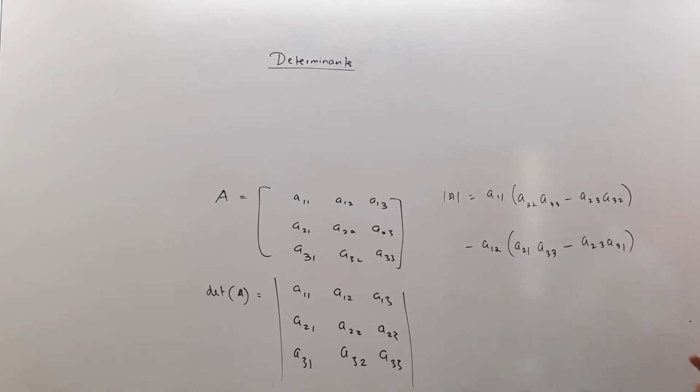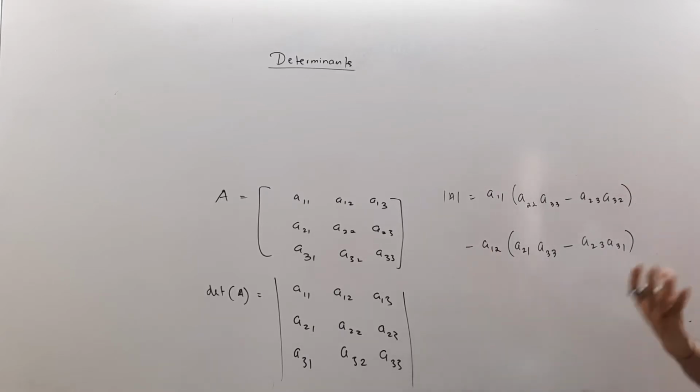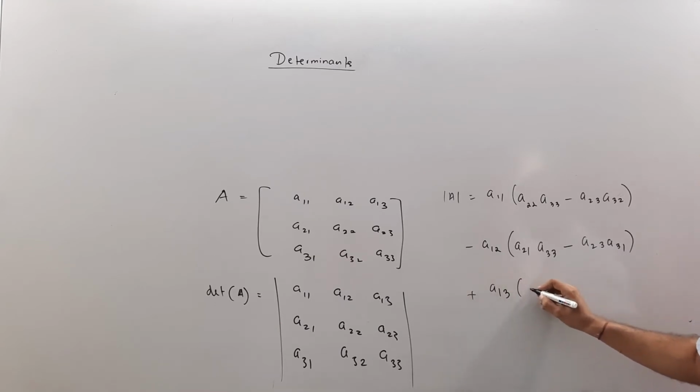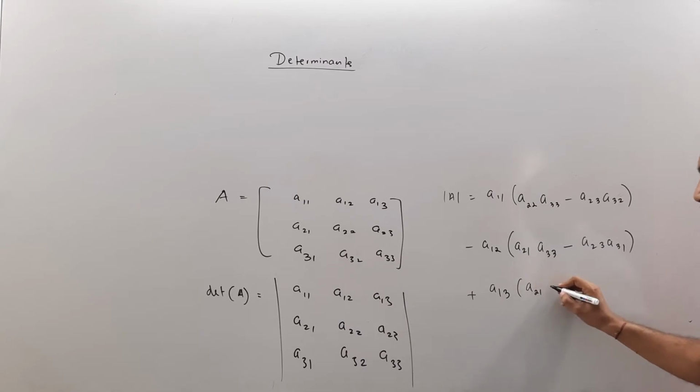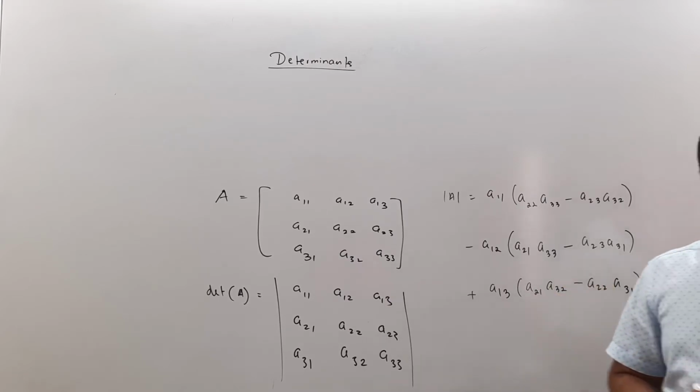Now the only care that we have to take is the middle sign has to be negative, which all of you know, plus the last one, which is A13 into these two elements, that is A21, A32 minus A22, A31. So this is what we should know, and this gives us the value of determinant.